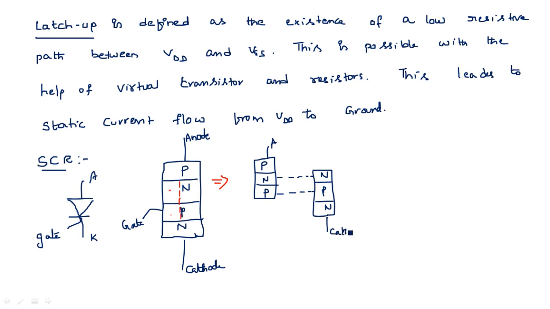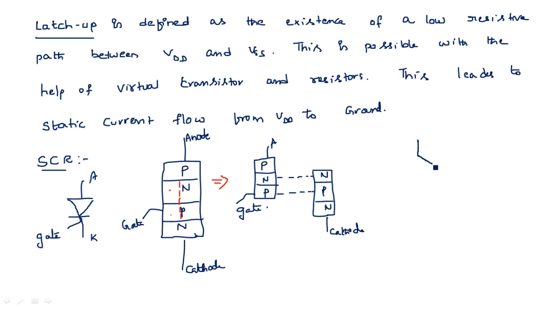We don't have any other terminals, only two terminals are here, and one more is the gate terminal, connected at this point where we apply a gating pulse at this particular P. Okay, so PNP is a transistor and NPN is a transistor. So we have two transistors, PNP and NPN.